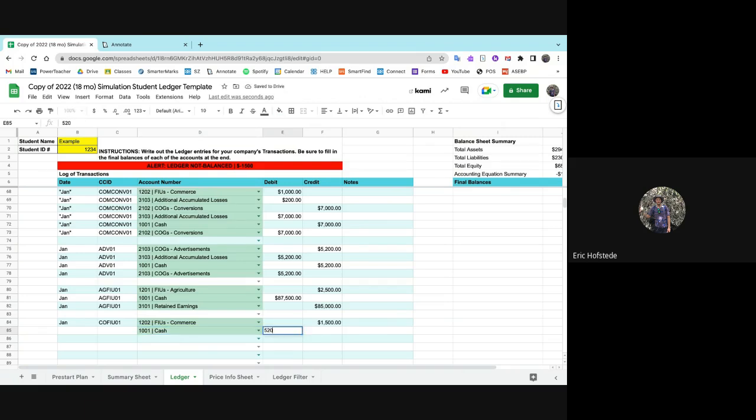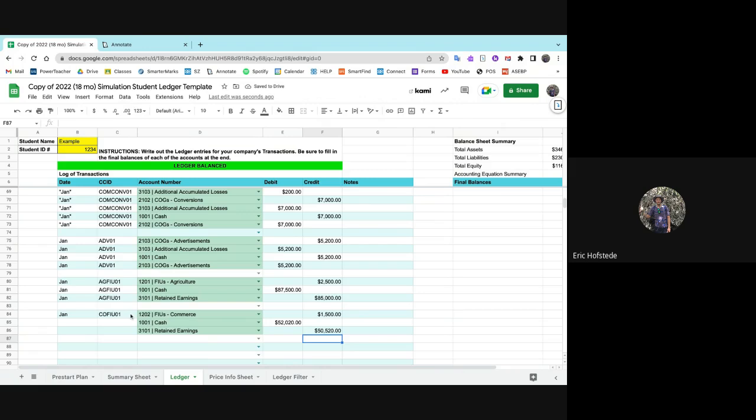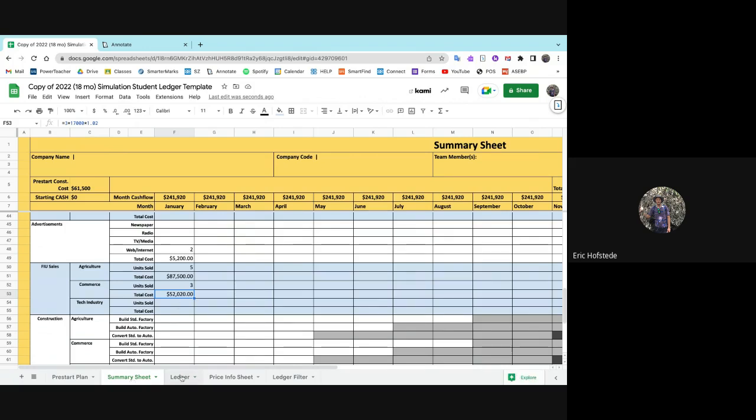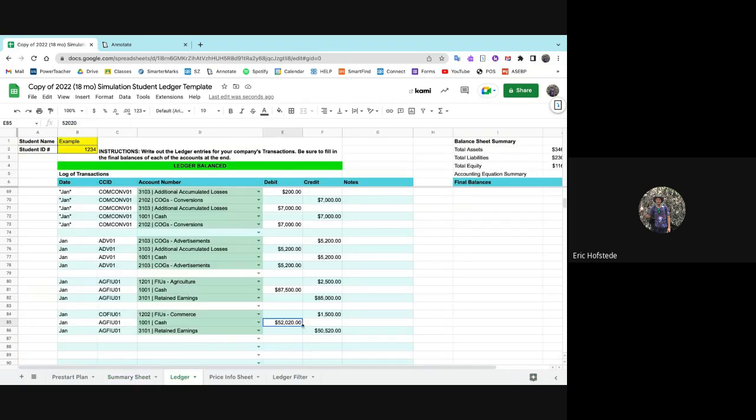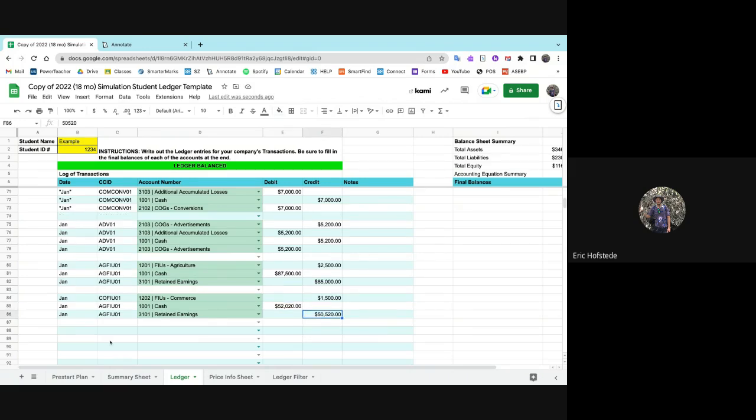It was $52,020. And then my retained earnings is that difference shown there, 50,520. So maybe sometimes copy and paste isn't the best option for the values, at least from one page to the other. Maybe the old-fashioned type it in the long way is better. Oh, I made a little typo. No, we're good. All right. Sold our FIUs. Really, we're basically done.